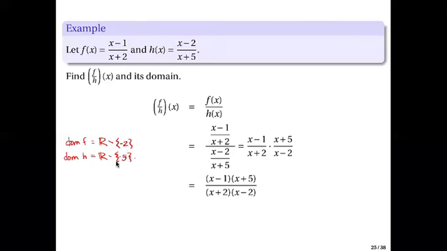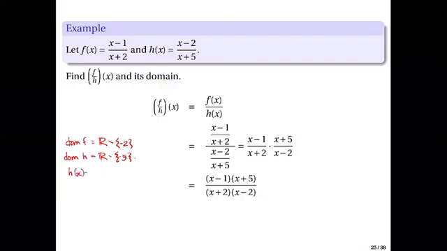Okay? But now, your h of x is a denominator. Okay? Your h of x, it's a denominator. So we need the x that will make h of x equal to 0.